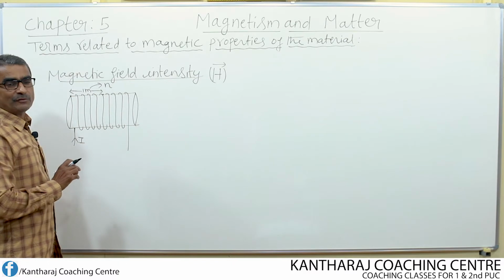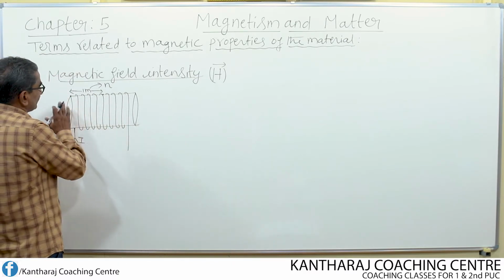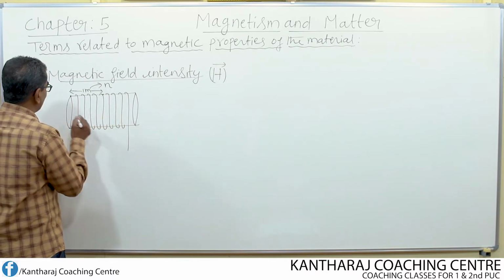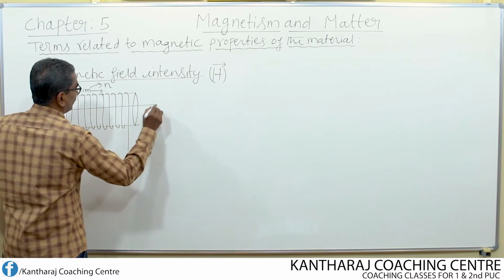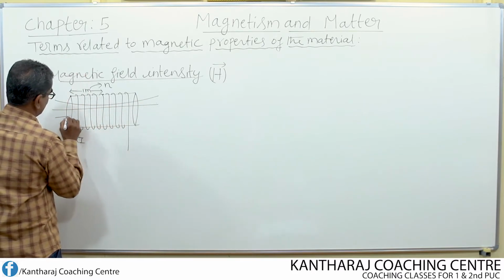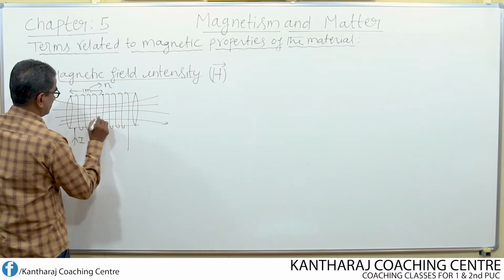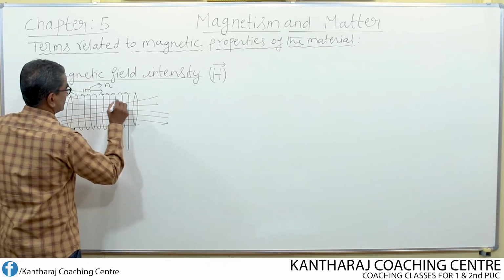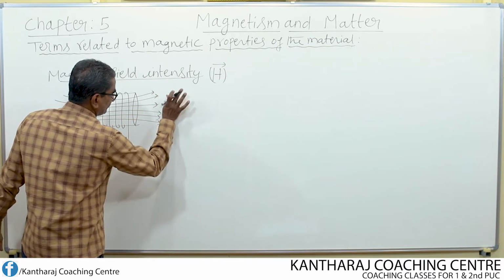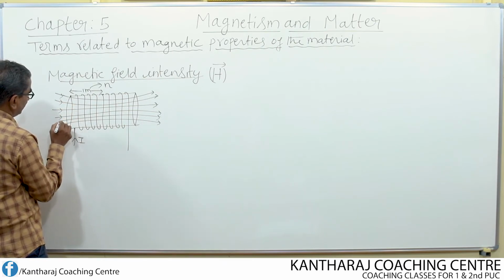Let there be n number of turns. Now when we pass the current, a magnetic field is produced inside the solenoid. This is nothing but the magnetic field produced by passing the current through the solenoid.